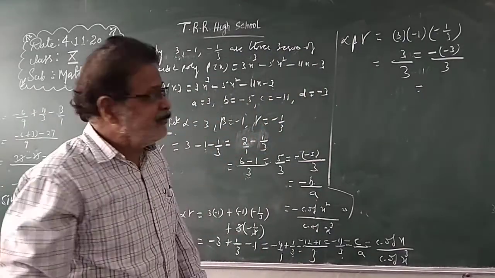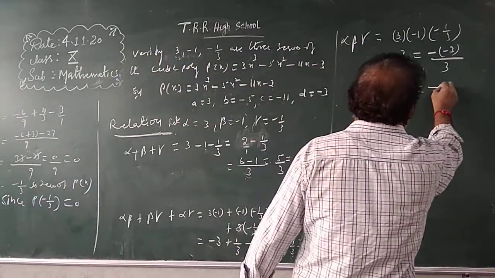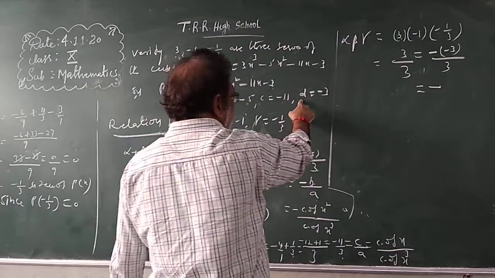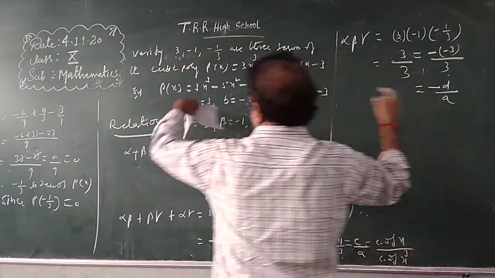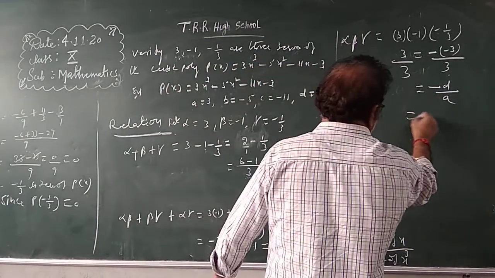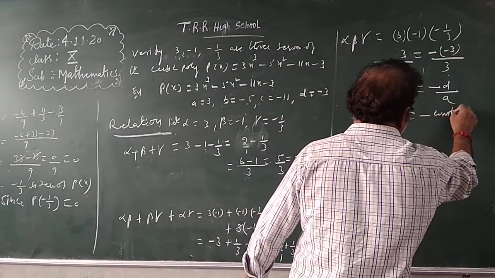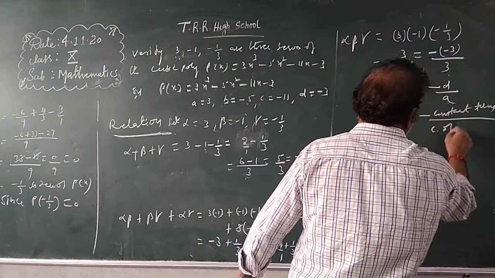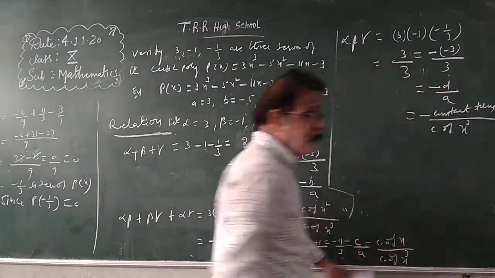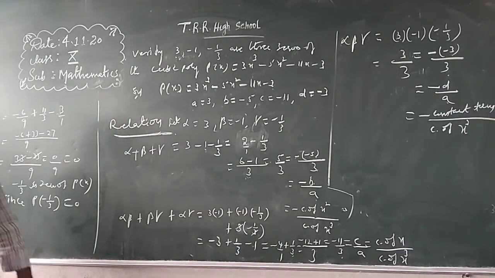Plus can be written as minus into minus. This minus, write down. Minus 3 means d. 3 means a. So minus constant term by a, where a is the coefficient of x cube. Like this, verify the relationship between zeros and coefficients.